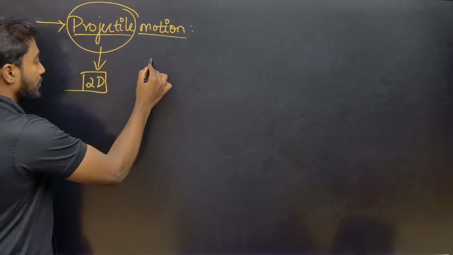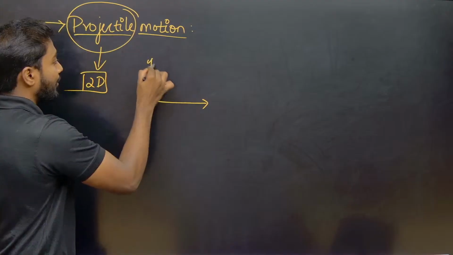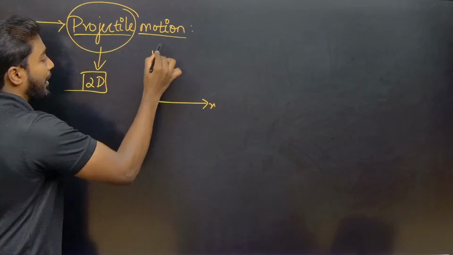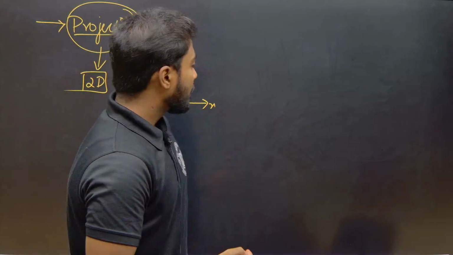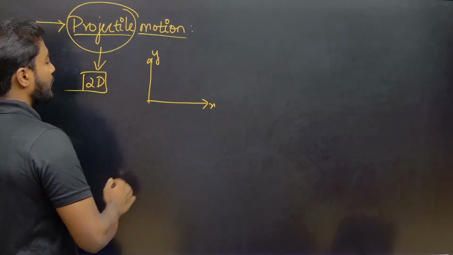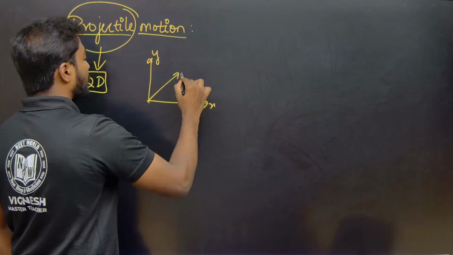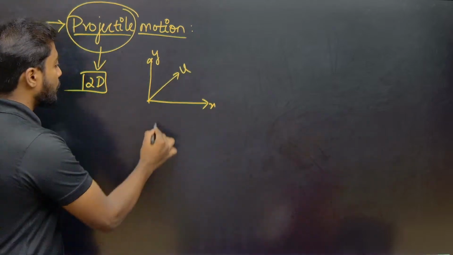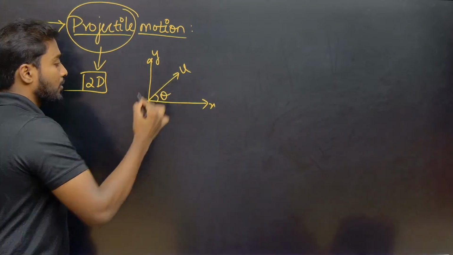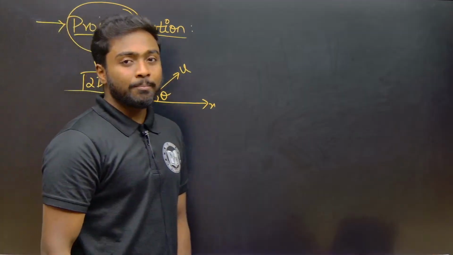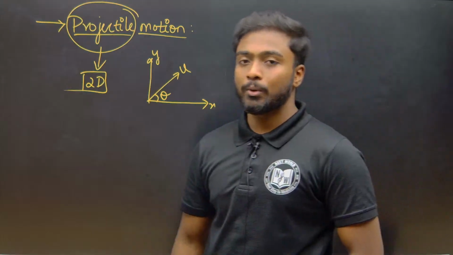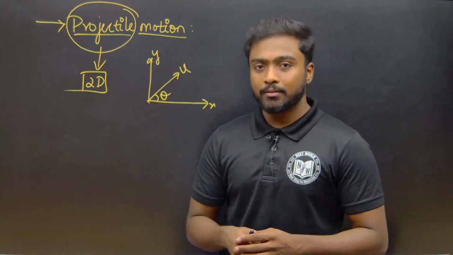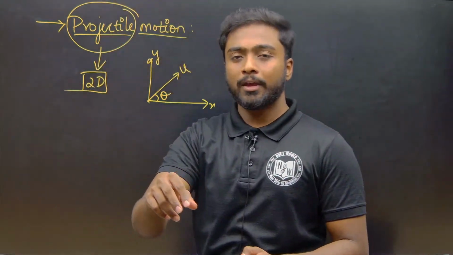So let us take the x axis and y axis. For example, if we throw a ball with an angle theta with velocity u, the angle is made with respect to the horizontal, that is with the earth surface. Suppose you are standing on the earth and you are throwing the ball.